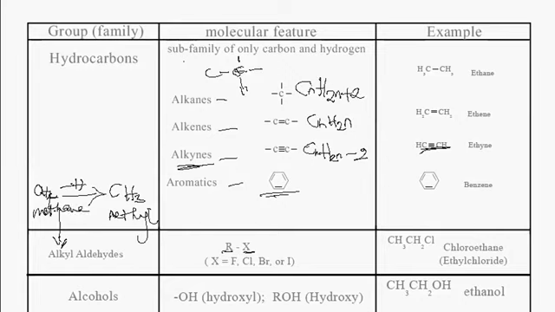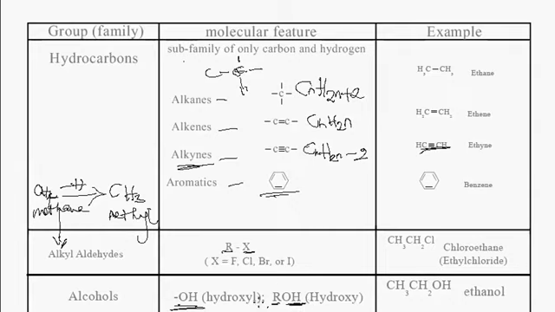Alright, so having known this, the next thing we'll consider is the alcohols. The alcohols have the hydroxyl group. So we have an alkyl group added to a hydroxyl to give an alcohol.